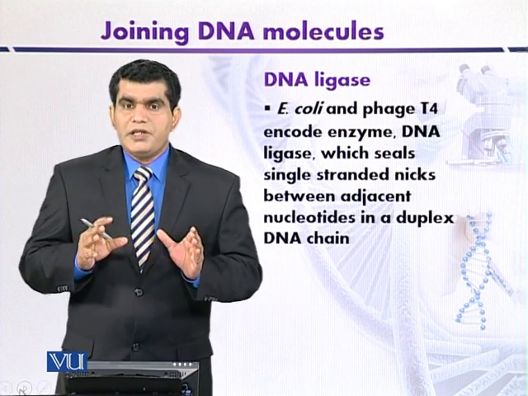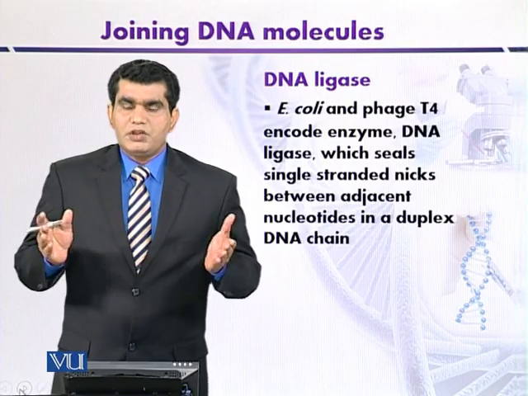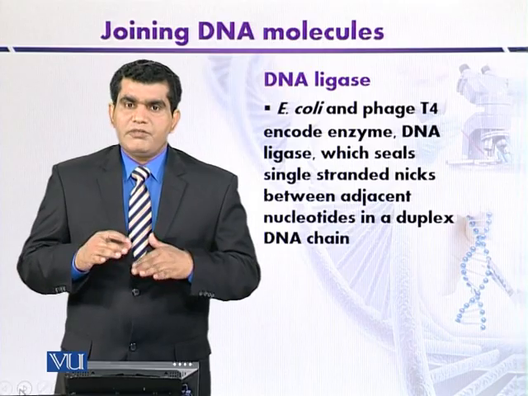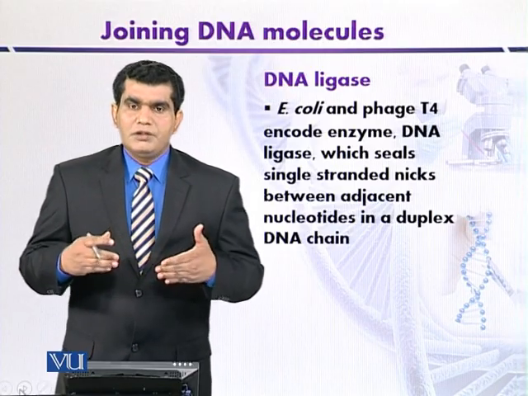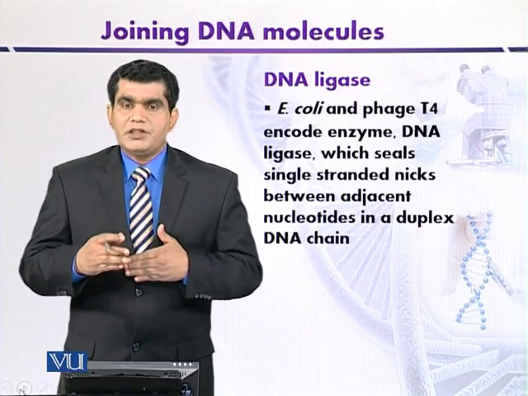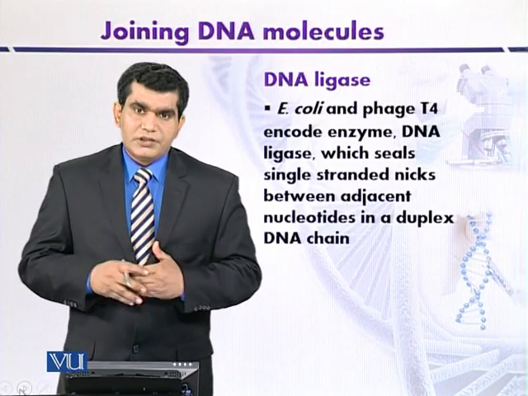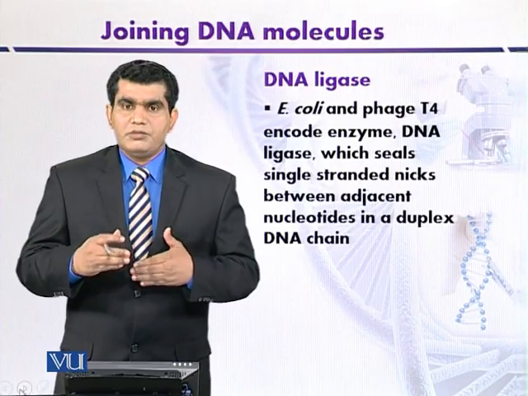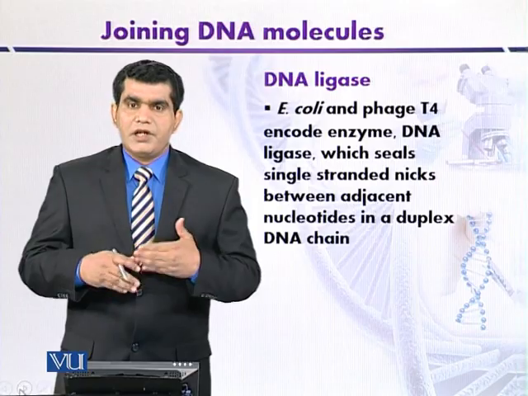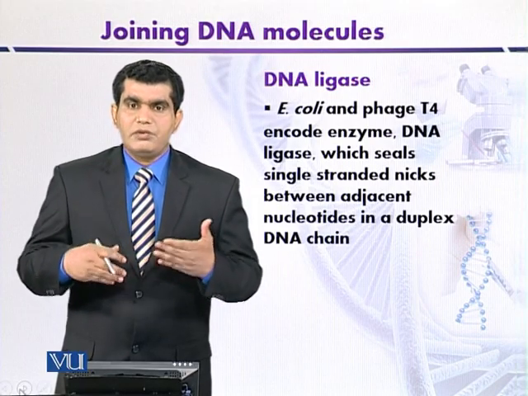So gaps remain that may be 1 or 2 nucleotide base pairs apart. This gap will be bridged and the bond will be formed by DNA ligase. So in both cases, either E. coli DNA ligase or DNA ligase from T4 phages, both will catalyze the formation of phosphodiester bonds.